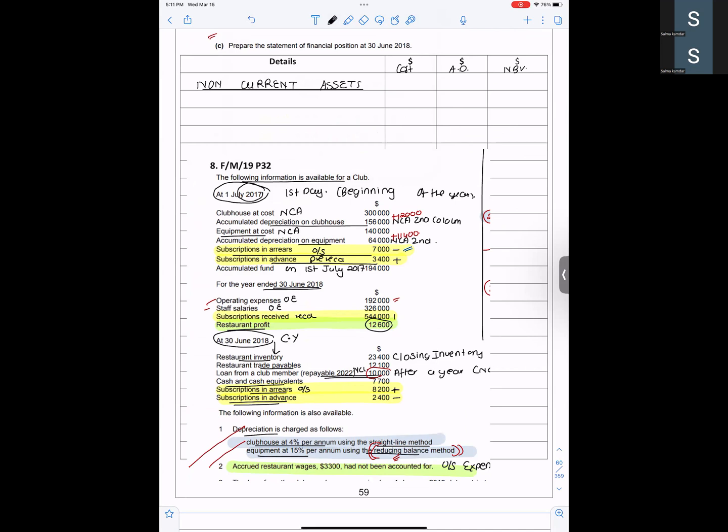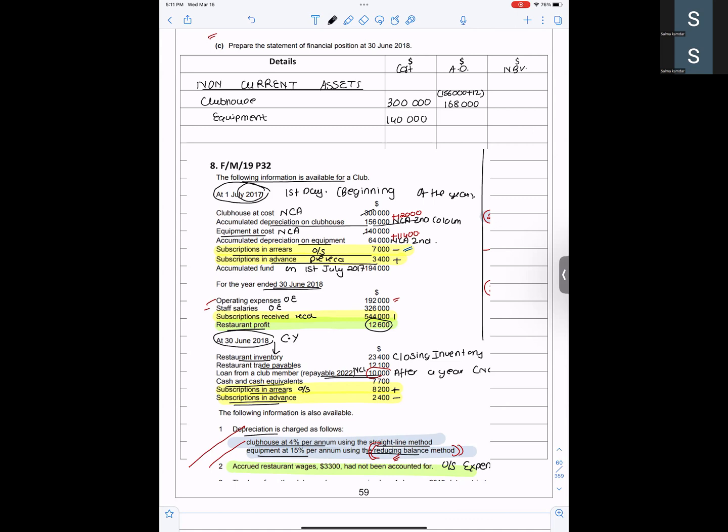So what is the cost of the asset? First is clubhouse. Second is equipment. Cost is the same. There is no buying and selling we are doing. So 300,000, 140,000. Depreciation will be 156 plus 12, so it becomes 168,000.